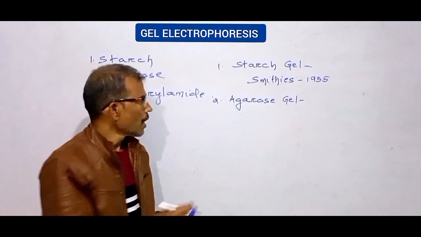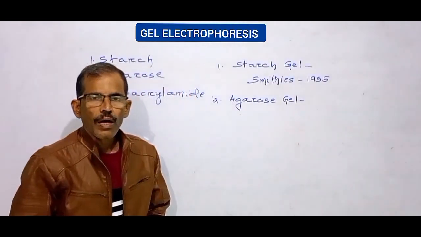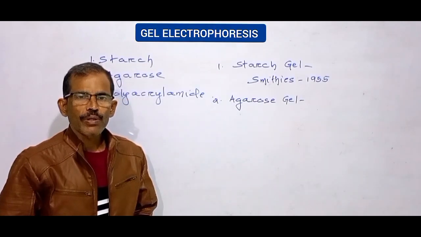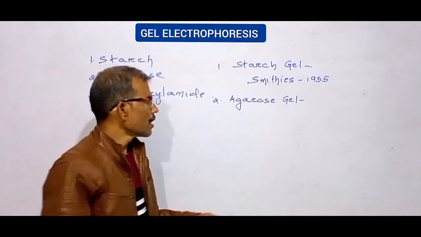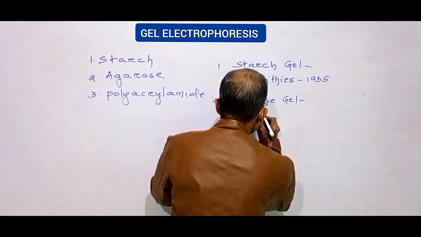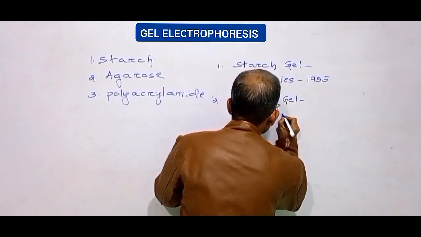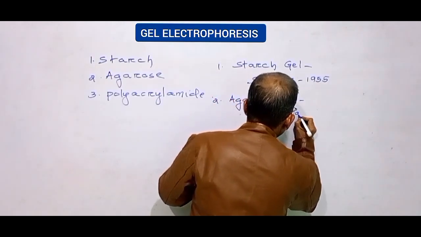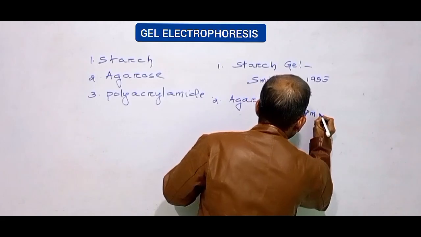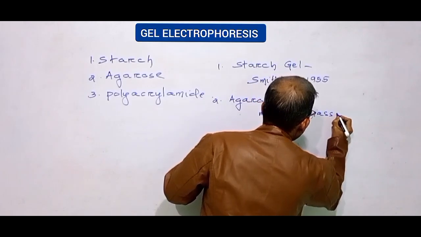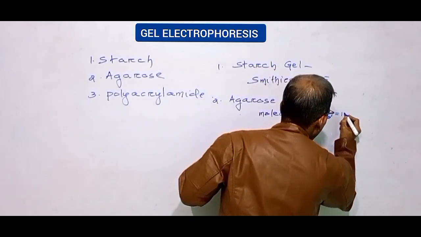Second one is agarose gel. Agarose is a linear polysaccharide with an average relative molecular mass of about 12,000.